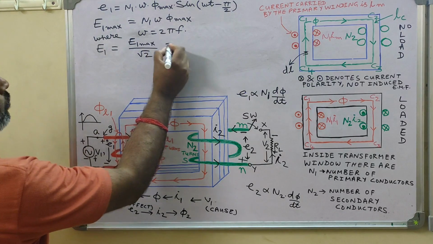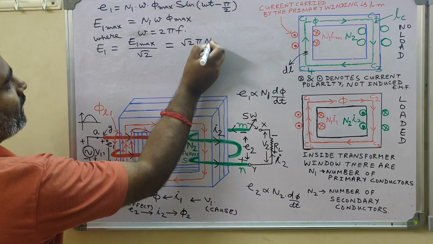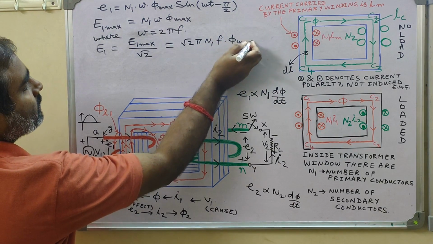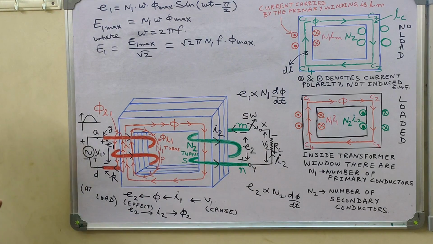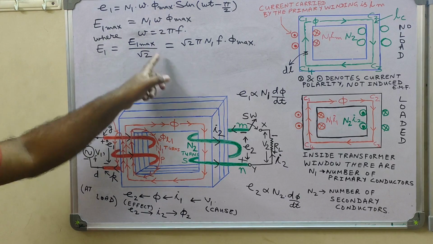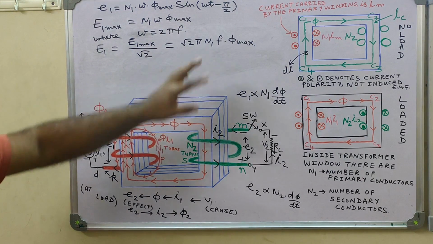So if you put in the value, you will get root 2 pi N1 into F into phi max. This 2 and root 2 give root 2 pi N1 phi max into F.